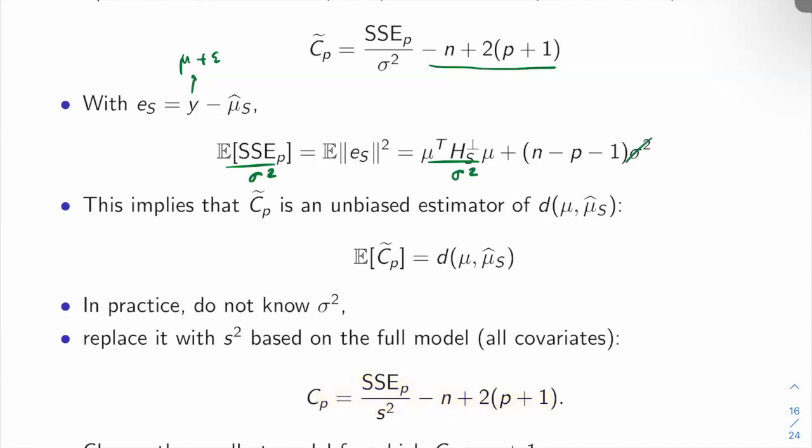This part measures the goodness of fit, and there is a term which measures the complexity of the model. You want to minimize this, but the idea is that there is a minimum. The advantage of this is that there is a calibration: you know where you hit the truth, it is around p plus 1.